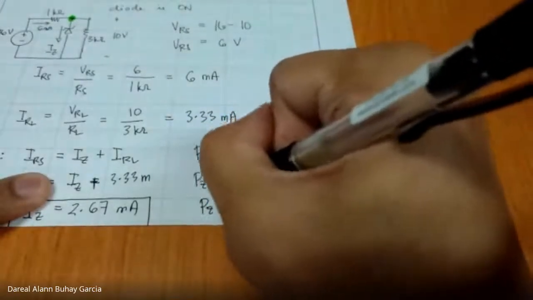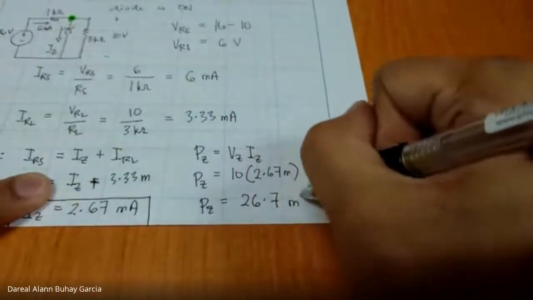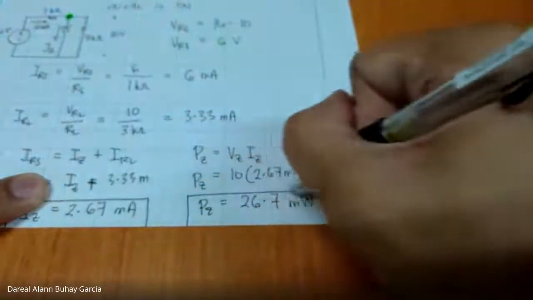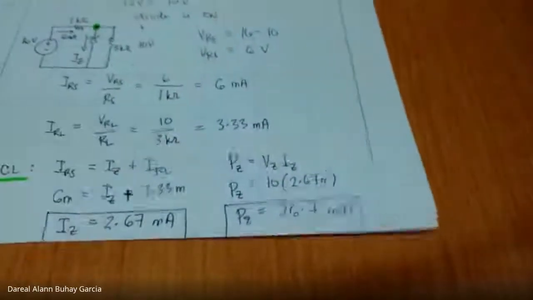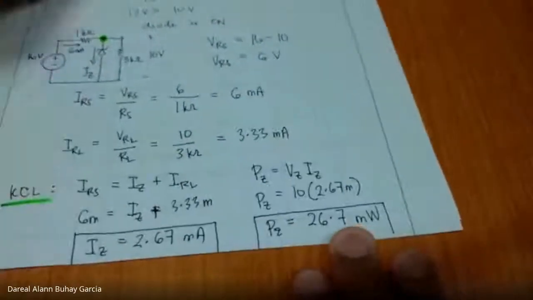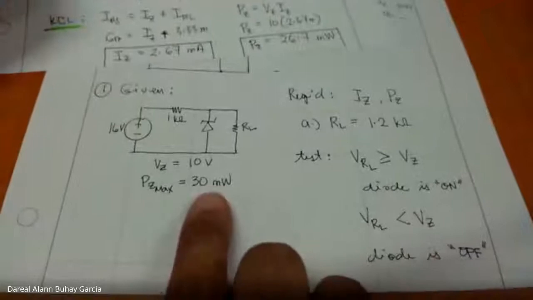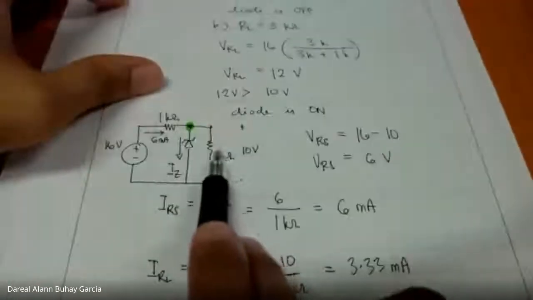So PZ is equal to 26.7 milliwatts. All right. So layo pa, no? 26.7 milliwatts ang atong operating power, 30 milliwatts naman ang maximum. So, okay pa ni siya. Meaning, okay pa ni nga value sa atong load, RL.